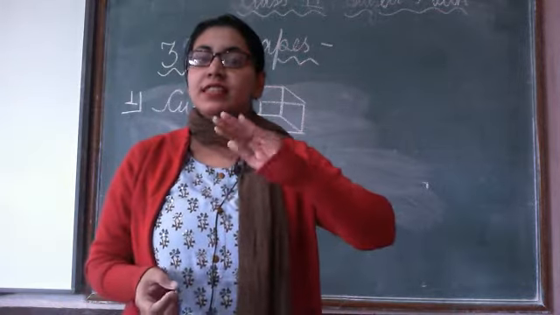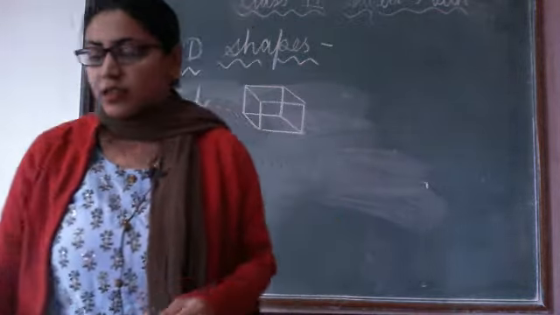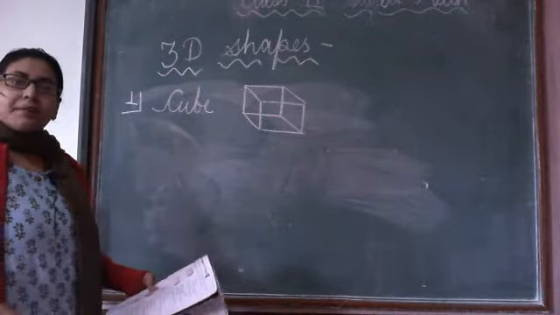So dice is having 6 flat surfaces. So dice is the example of cube.